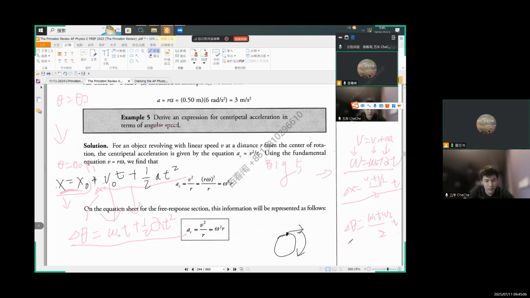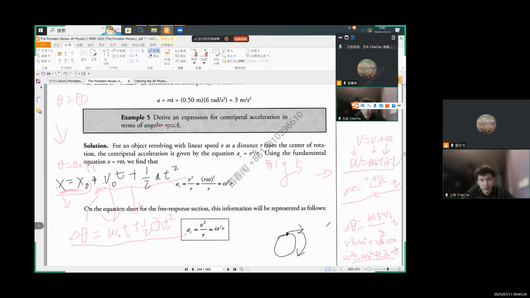I also have v squared equals v0 squared plus 2a delta x. So now I can say omega squared equals omega 0 squared plus 2 alpha delta theta, where a corresponds to alpha and delta x corresponds to delta theta. So that's another one.